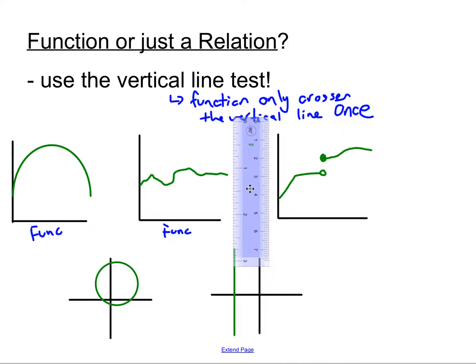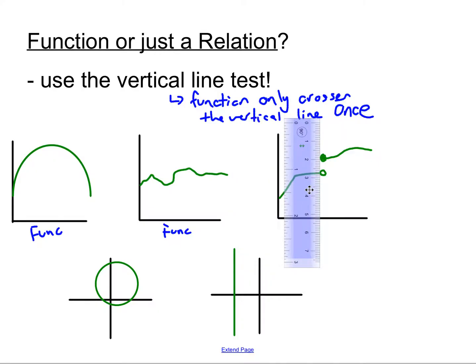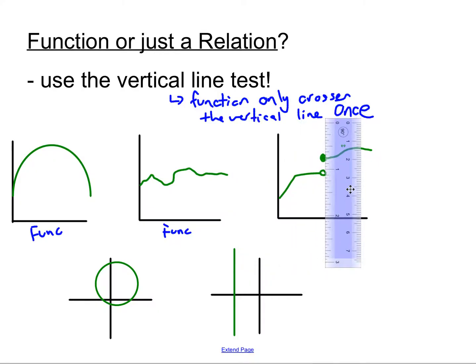Here's something you may or may not have seen before. I'm traveling along and whoops, what's this? An open dot under a solid dot. This too means there's only one dot here. It means that this open dot, there is no value here.